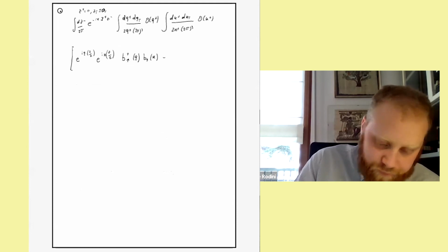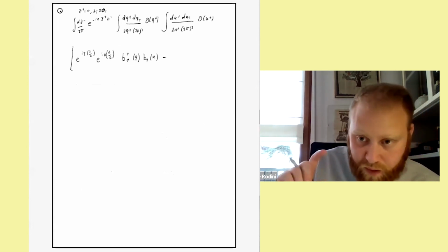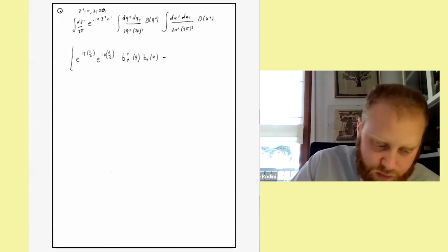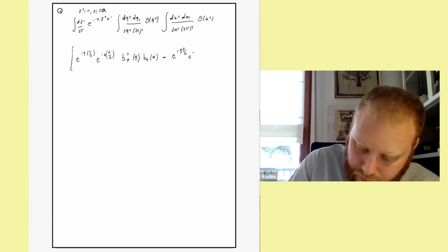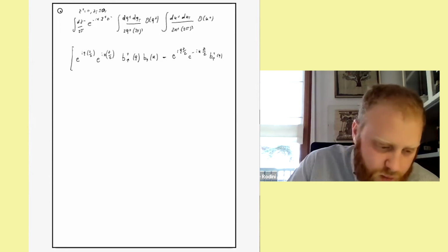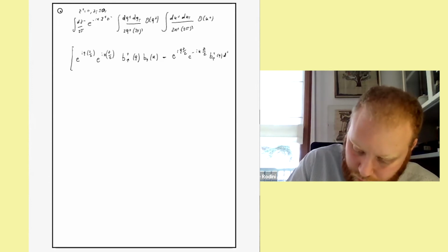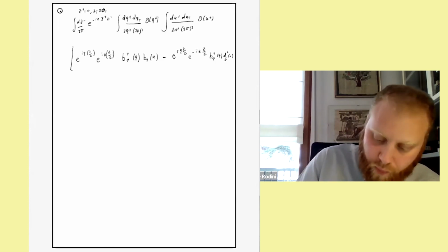Then you have the mixture between quark and anti-quark. So this is e^{iQ z}, e^{-iK z}, in which you have b dagger up of q and d dagger down of k.